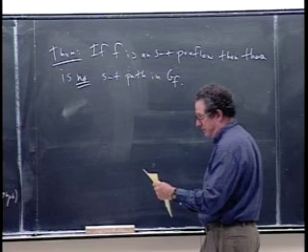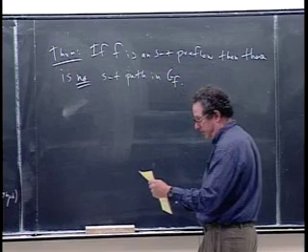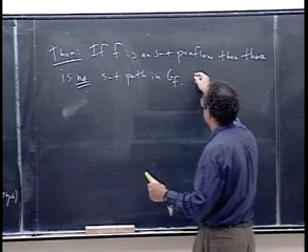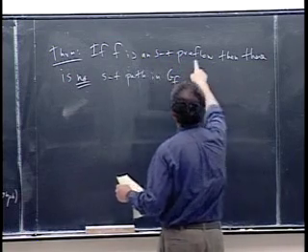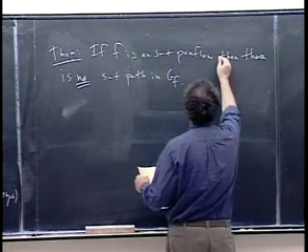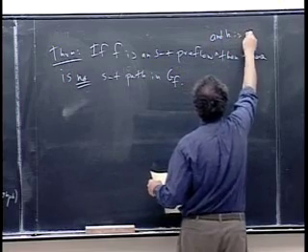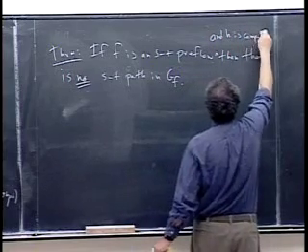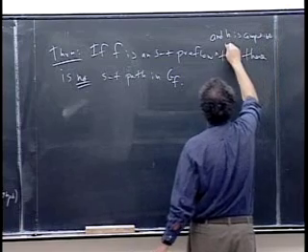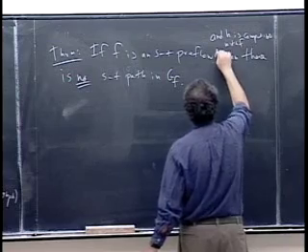Oh, I guess I should have left something out. Well, that's a true statement about the algorithm, but we can't prove it yet because we don't have the algorithm. I need to put in something more. If F is an ST preflow and H is compatible with F, yeah. So that's what I can prove at the moment.